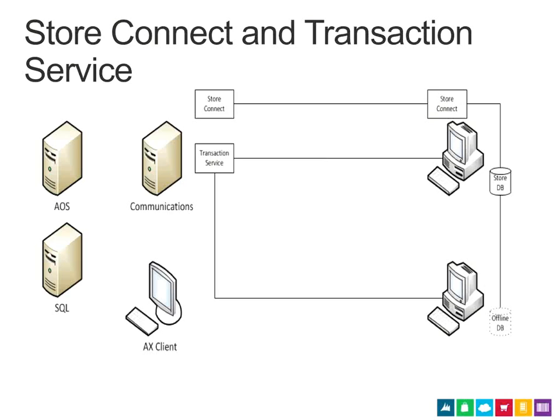So Store Connect is used to do batch mode, large volume data transfers. Any kind of master data updates, new price changes, new items, new customers, etc., are being pushed out. They can be scheduled so that they run periodically. Certain things you want to send every few minutes, other things you want to send in the middle of the night. So that can all be scheduled to the requirements.